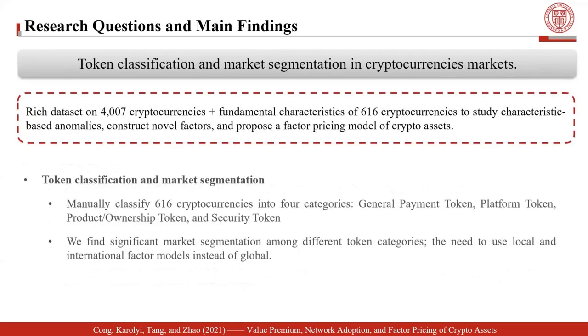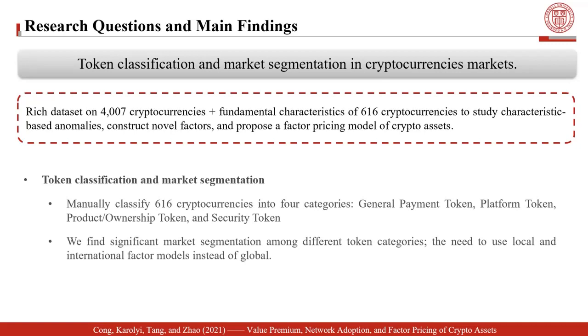The second part takes us to token classification. We manually classified all 616 cryptocurrencies into 4 general categories: general payment tokens, platform tokens, product ownership tokens, and also cash flow-based security tokens.